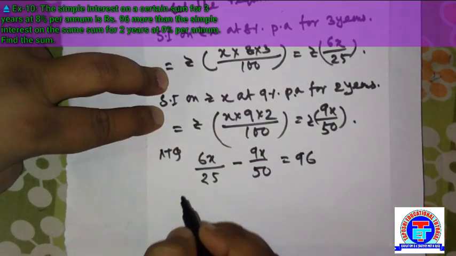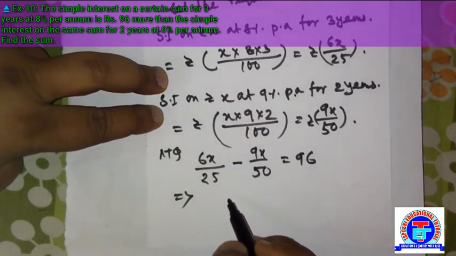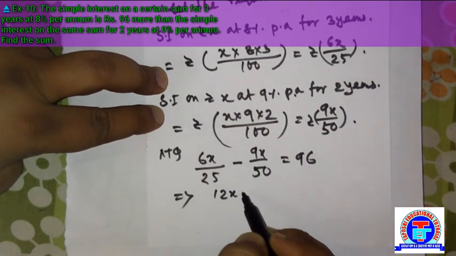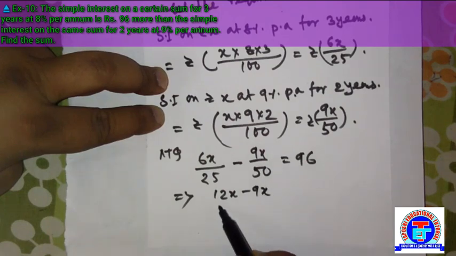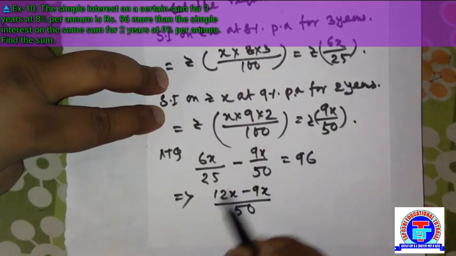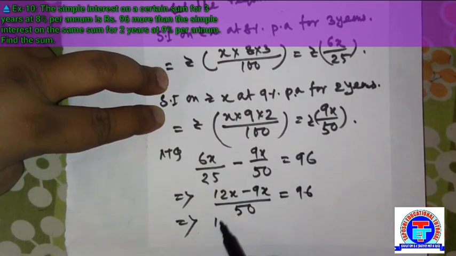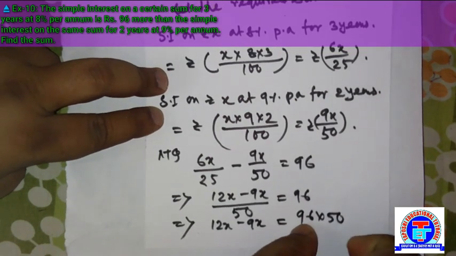So this implies that it will come 12x minus 9x divided by 50, LCM 50, is equal to 96, implies that 12x minus 9x is equal to 96 into 50, right?